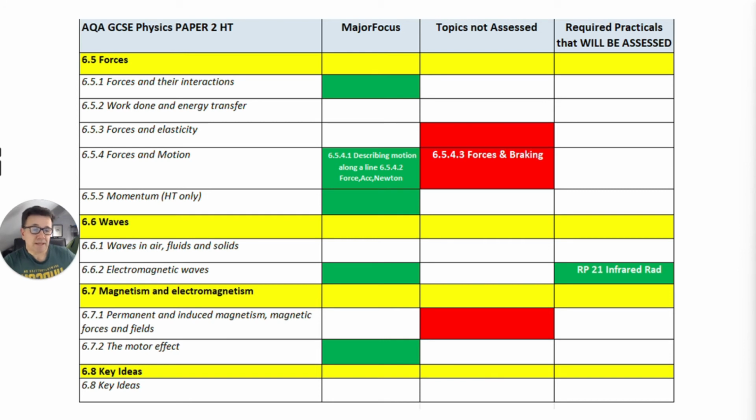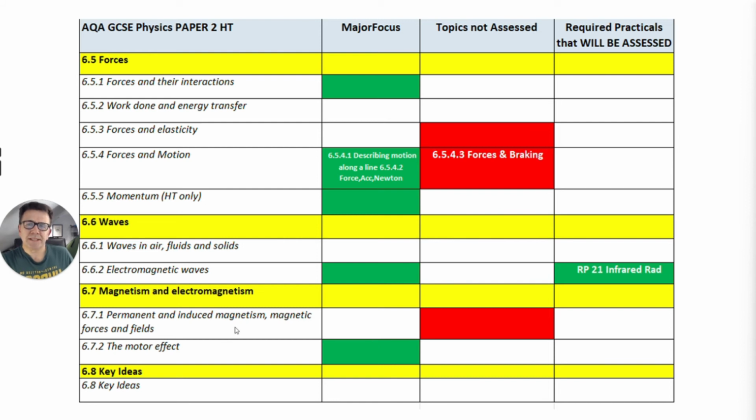So waves, again, very important section with particularly electromagnetic waves and the required practical on infrared radiation. And then magnetism. Now this is a bit of a weird one. They're not going to look at permanent and induced magnetism, but you are going to do a major focus on the motor effect.